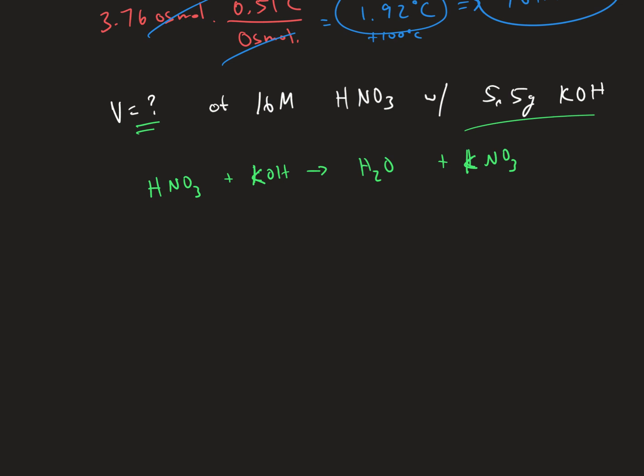Where do we start? What we know. Yep, we know a couple of things. Where's the best place to start? Balancing the equation. Okay, good. We got to have a balanced equation. If we don't have a balanced equation, we can't do anything. Is it balanced? It's already there.